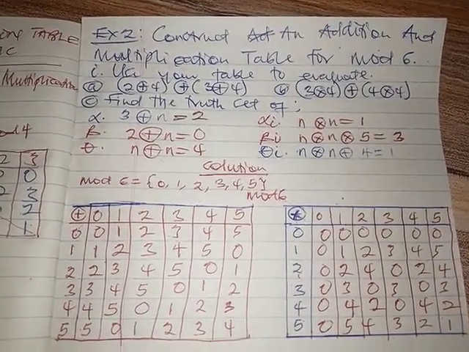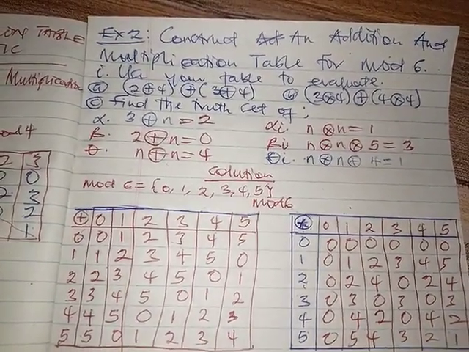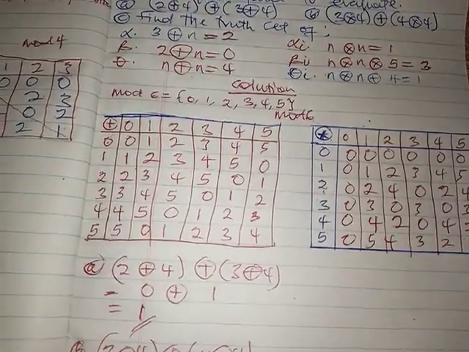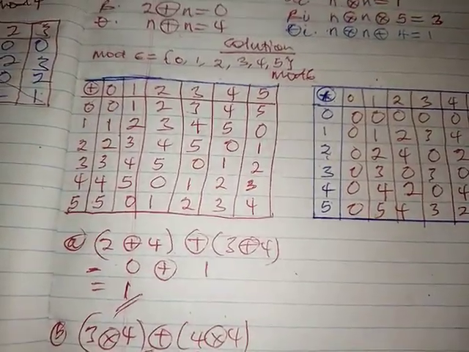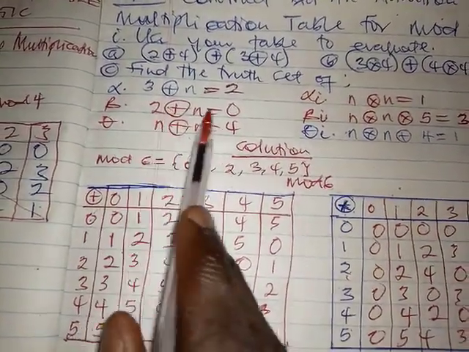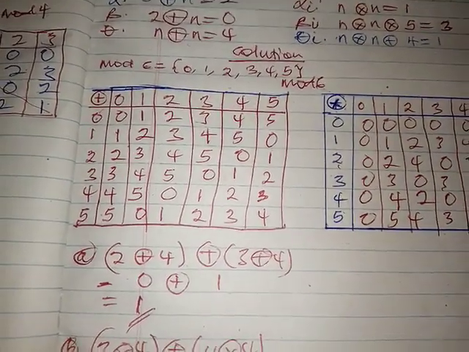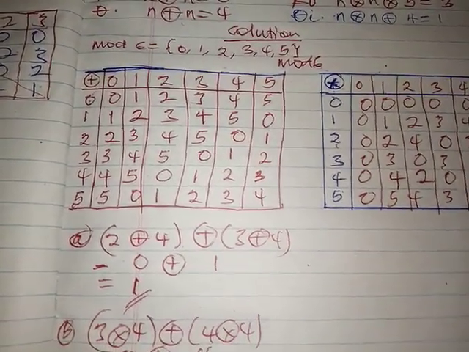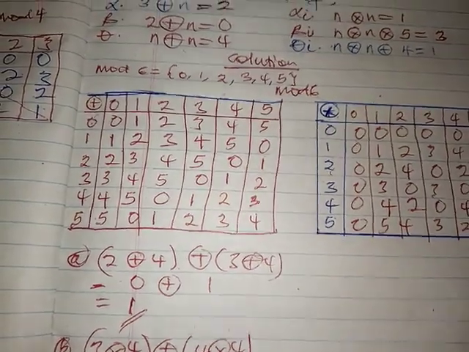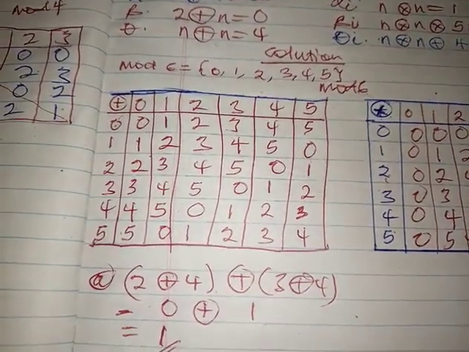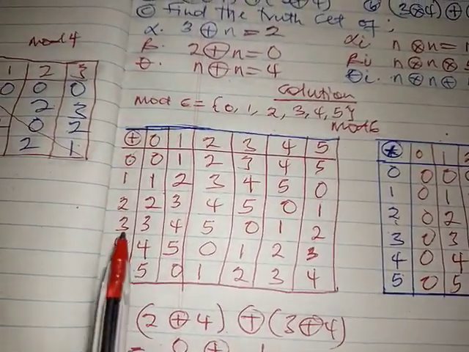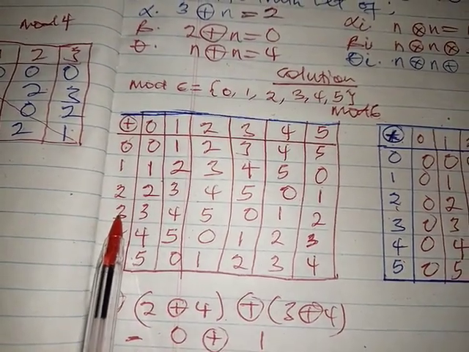The next problem, we have to find the truth set. So the first truth set we have to find, 3 plus n equals 2. That's alpha. So the question is 3 is being added to a certain number and the result is 2. So you are going to stand at 3 and look at where 2 is.